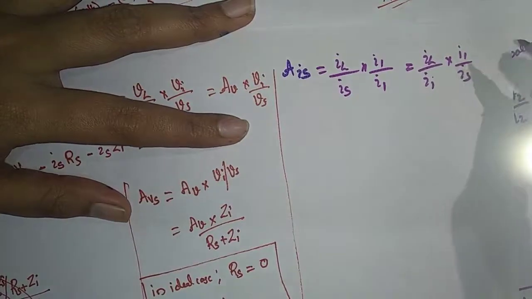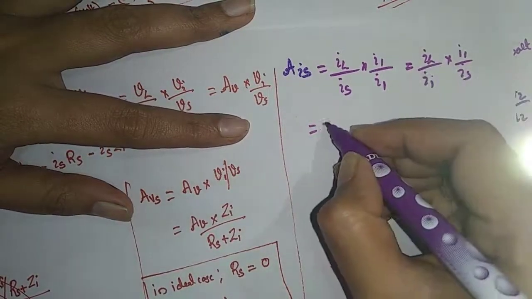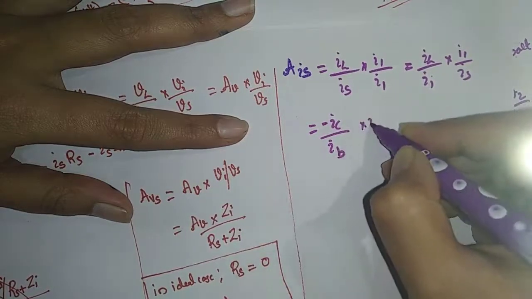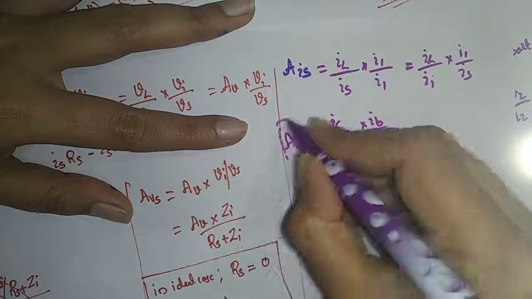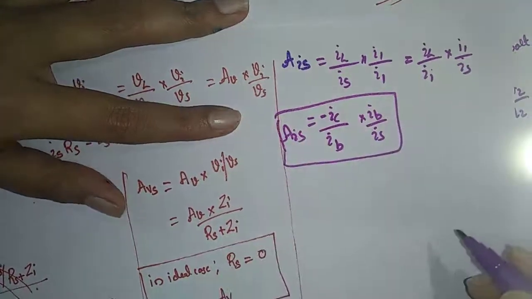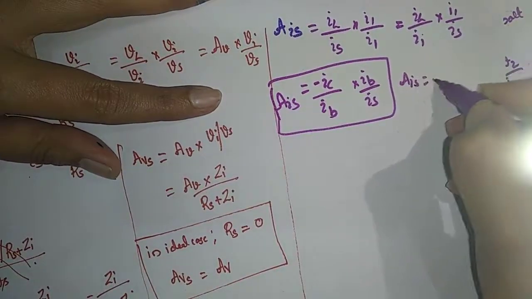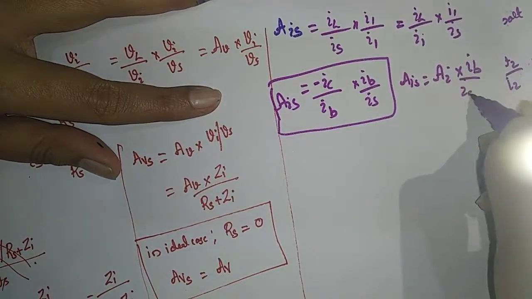What is IL by Ii? You know that is equal to IL is minus IC, minus IC by IB into IB by IS. This is the equation for overall current gain. So if I am solving this, I should write AIS is equal to AI into IB by IS.